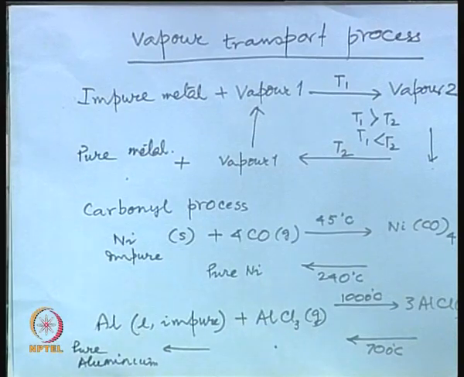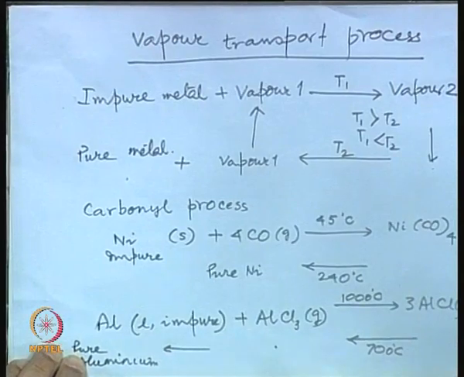So, essentially at one temperature we produce an intermediate gas by gasifying this metal through a reaction with a gaseous species, and then the reaction is reversed at another temperature, which can be at a higher temperature or at a lower temperature.